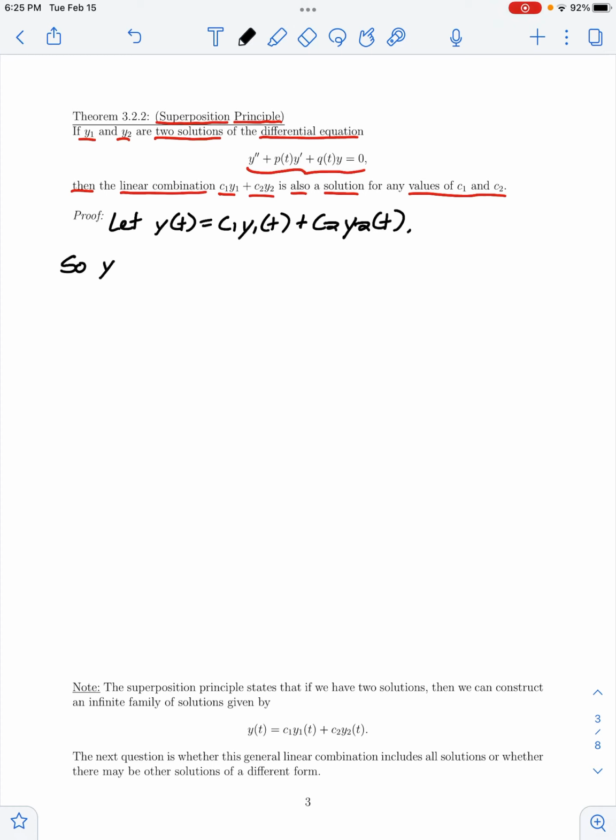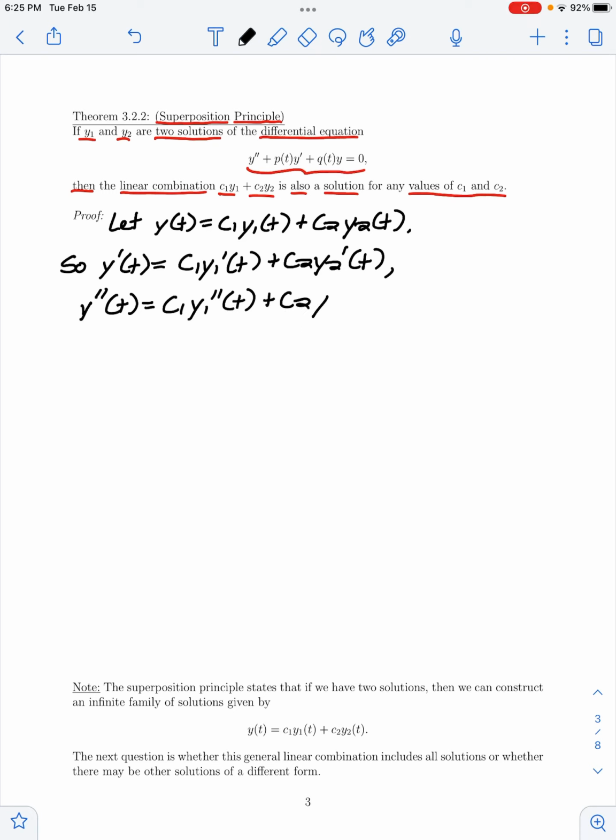So if I look at my first derivative, y prime, just differentiating term by term, I have c1 times y1 prime plus c2 times y2 prime. And my second derivative, y double prime, would be c1 y1 double prime plus c2 times y2 double prime.